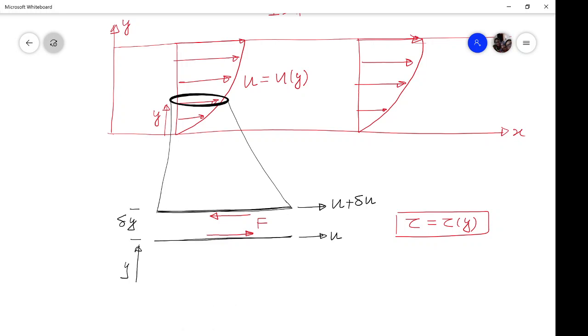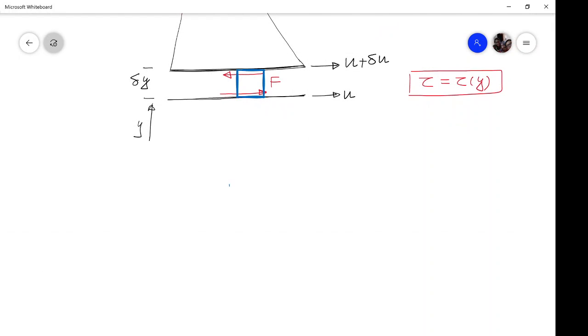To understand this, why not consider a fluid element like this and exaggerate it? With respect to the bottom layer, the top layer will be moving with a velocity of u plus del u minus u, that is del u. So the top layer is moving with a velocity del u in comparison to the bottom layer.